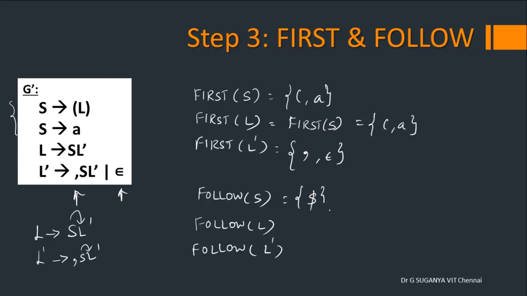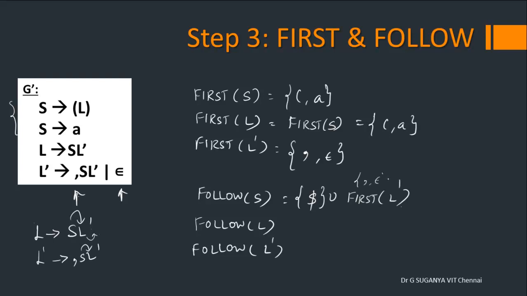So you have to include first of L dash, which is nothing but comma and then epsilon. If it contains epsilon, you have to check for the next symbol because that is also possible. Since we don't have any symbol, you have to go back and add its follow. Hope the concept is clear.